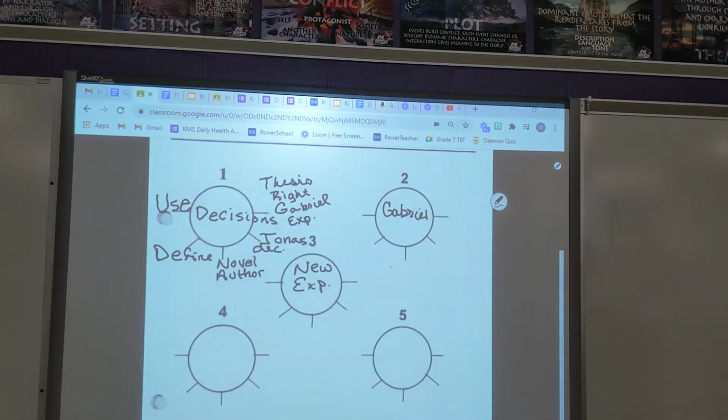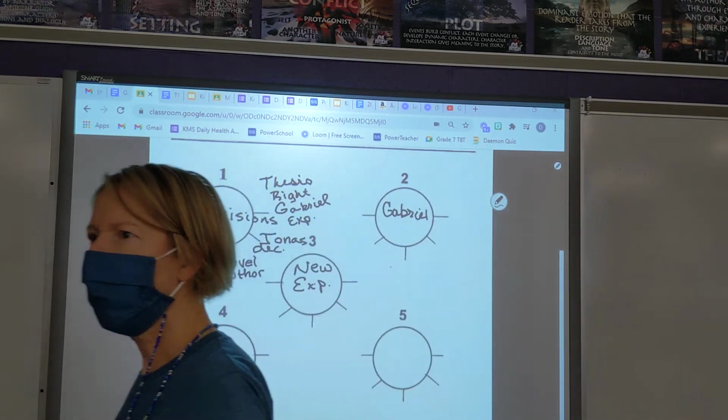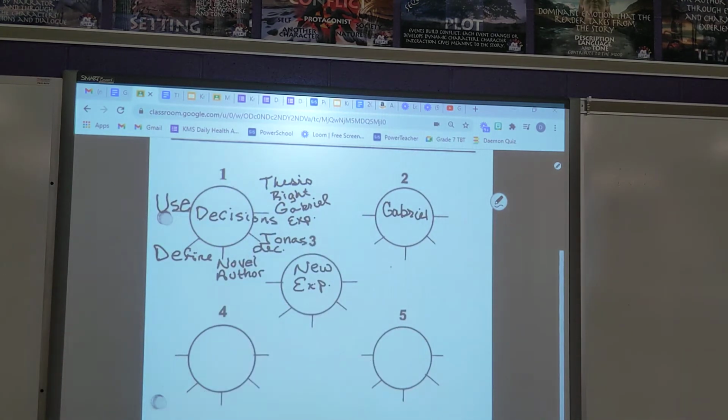What's another one? Edison? He wanted Gabriel to make choices for himself because he said that right now Gabriel can't see the colors of his toy blocks or something like that. Okay. He wanted him to be able to make choices himself or just to experience the same things, right?